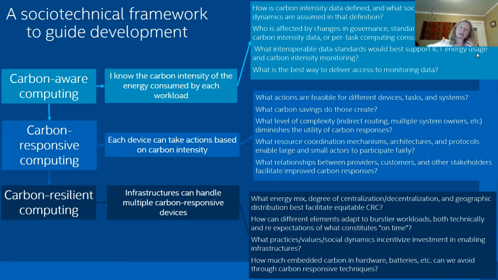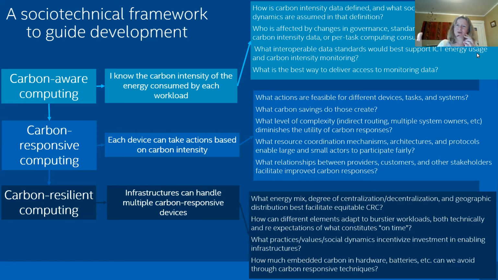Then finally, what are the implications of all of these actions? For example, if more and more carbon responsive computing starts to happen, you've got data centers or edge systems all down the West Coast, and they start to delay workloads that pile up over time. Then all of a sudden the sun starts shining, and now it's going to ship out.